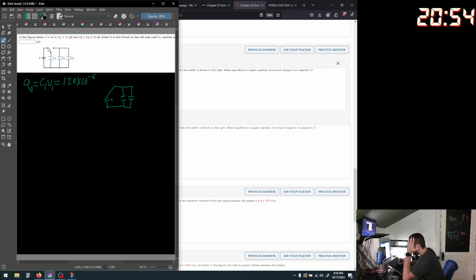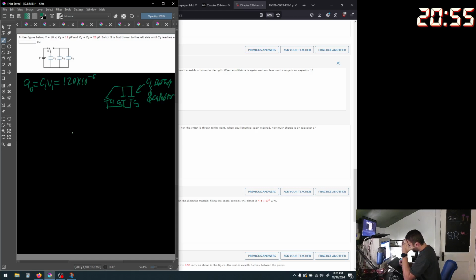Okay, so this is going to be C1, C2, C3. And C1 is both a battery and capacitor.